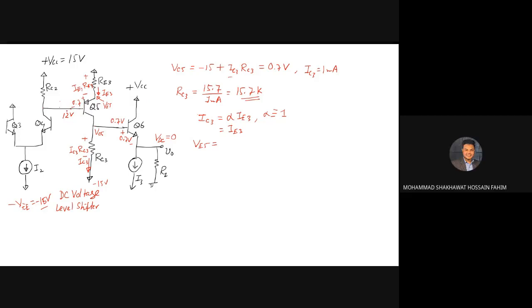So we need to determine RE3. And how do you do that? Minus RE3. That's very simple. It's 12.7.